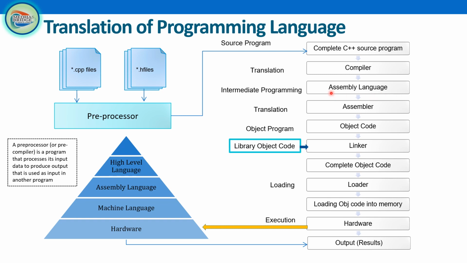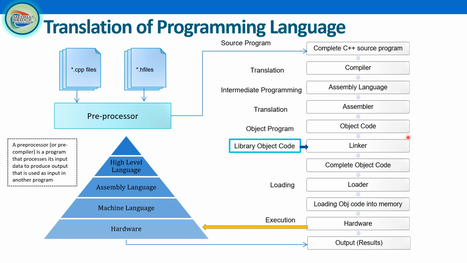So now we have intermediate programming files. What will the assembler do? Assembler takes them and translates them into object files. In the previous example, you could see there are 3 source files and 3 object files. So 3 object files are generated corresponding to the 3 source files in the project.